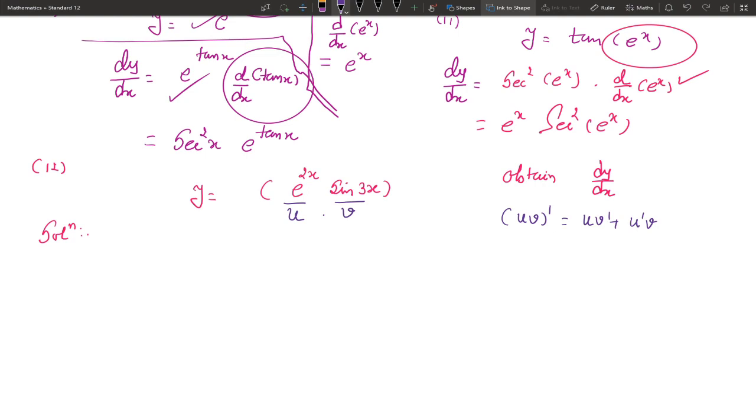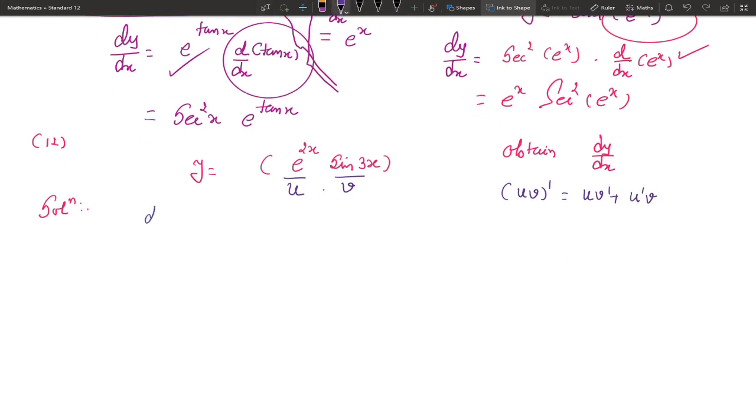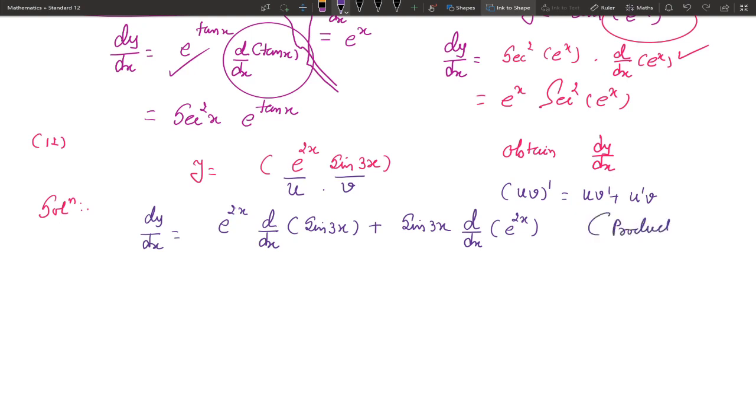So let us start differentiation. dy by dx is u into derivative of v plus v into derivative of u. This is because of product rule.